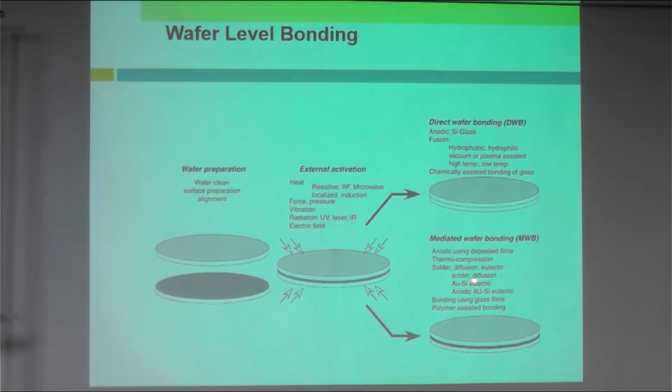For example, you deposit something of metal or any thin film in order to act as an adhesive to bond these two wafers. So it can be solder, and you can choose what type of solder, and also gold silicon eutectic, and bonding using glass film or polymer assisted bonding. So that is some of the methods to bond wafers.